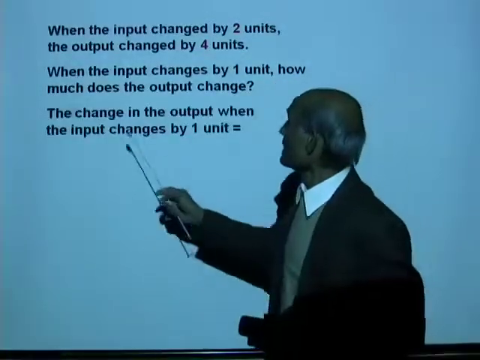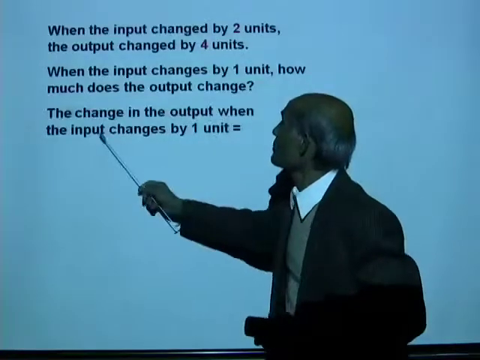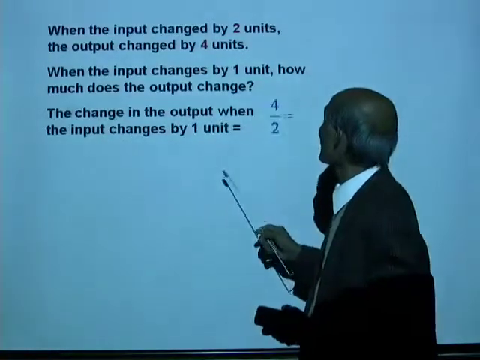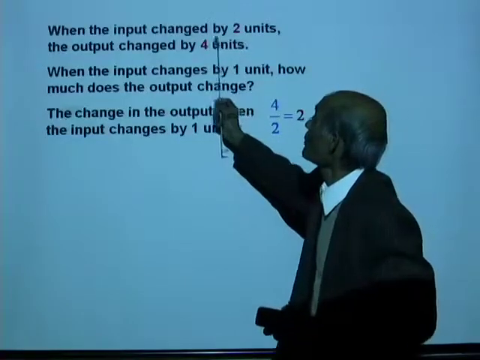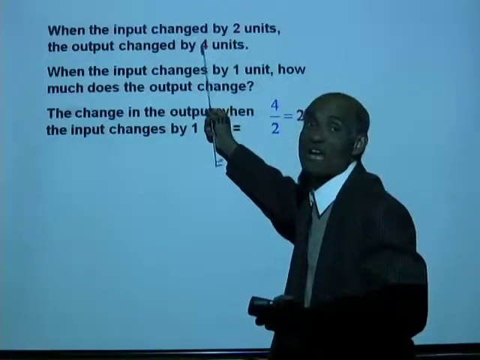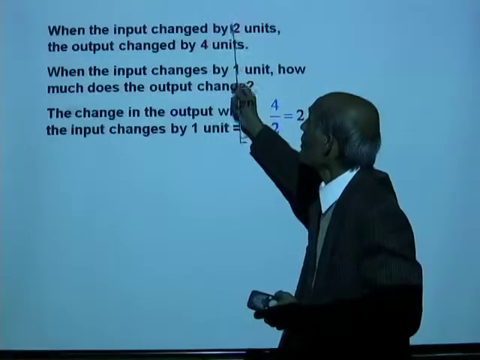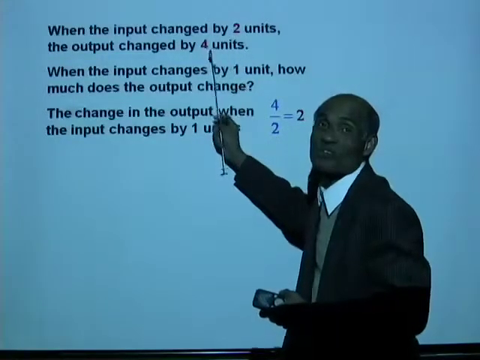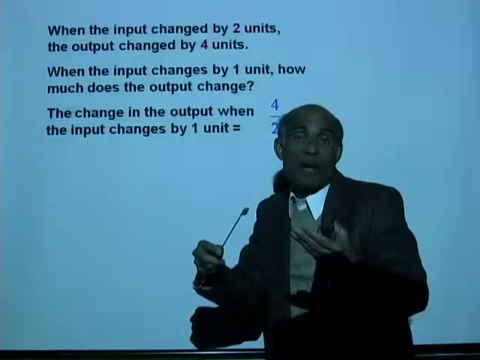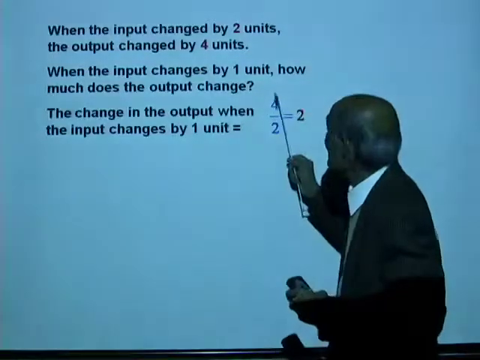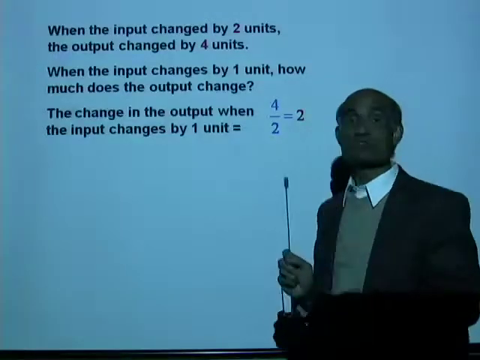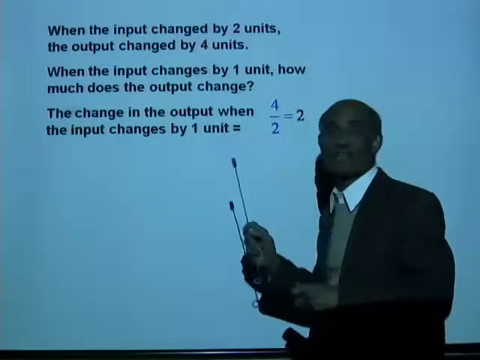Well, the change in the output when the input changes by 1 unit is 4 over 2, because 4 units is the change in the output when the input changed by 2 units. Therefore, the change in the output for a change in the input of 1 unit is 4 over 2, that is 2.